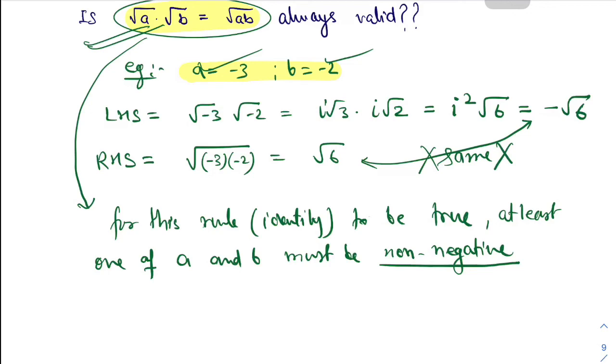Non-negative and positive are both different things. Non-negative also includes 0. खुद सोचो, ए और बी में से किसी एक को भी 0 रख दो तो बी चाहे तुम पॉजिटिव रखो, नेगेटिव रखो, जो मर्जी रखो, LHS और RHS दोनों ही इक्वल हो जाएगा. किसके इक्वल हो जाएगा? 0 के इक्वल हो जाएगा.